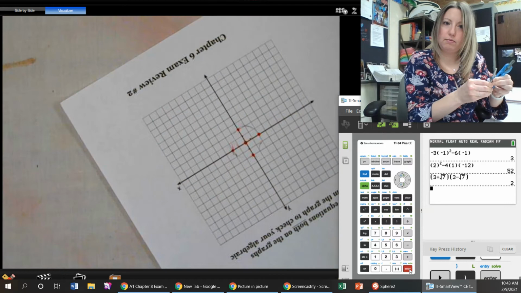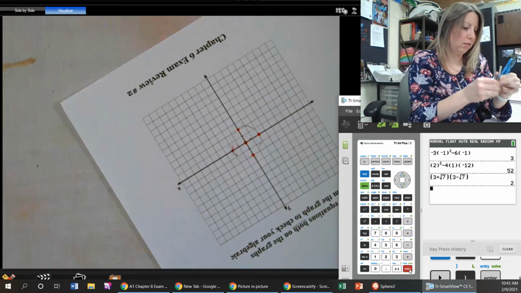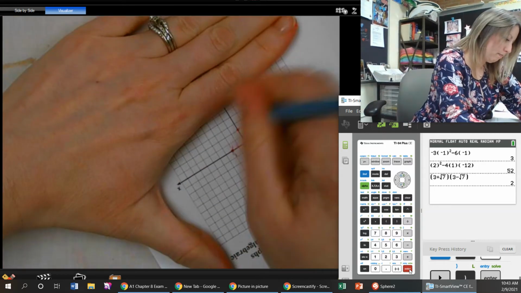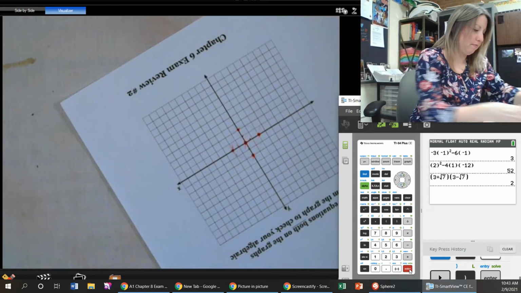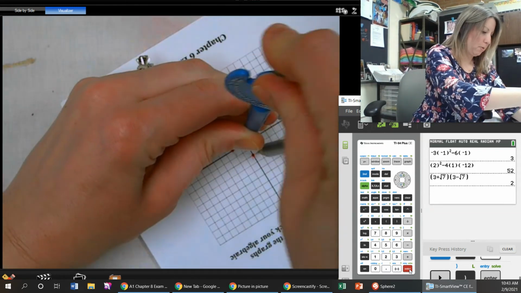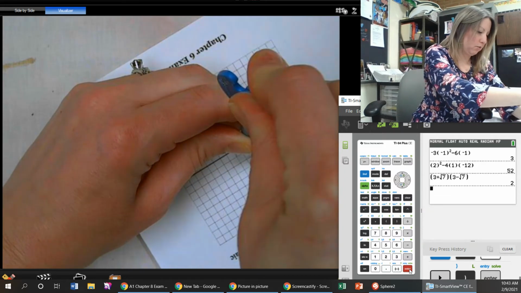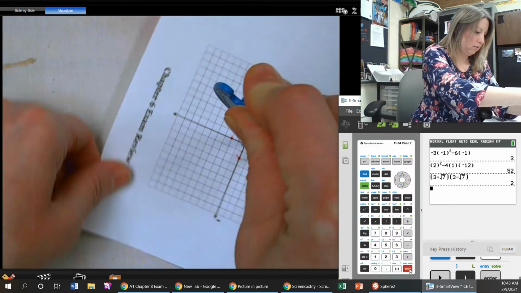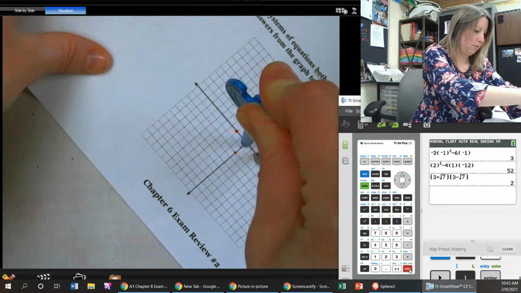Let's try this again. Okay. Again. At this point, I'd be better off drawing myself a little diamond, right? There we go.